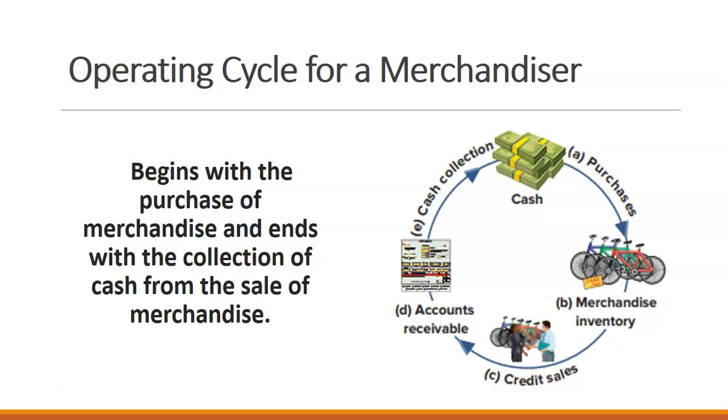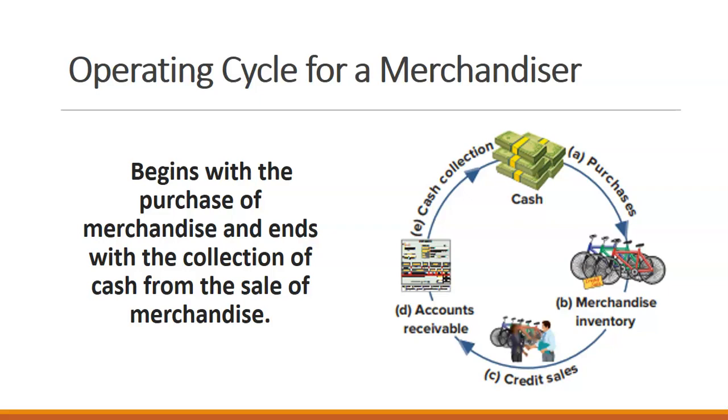A merchandiser has an operating cycle that begins with the purchases of merchandise and ends with the collection of cash from the sale of merchandise. We can calculate how long our operating cycle is by looking at how long it takes us to sell our inventory, or turn over our inventory is the accounting term for it.